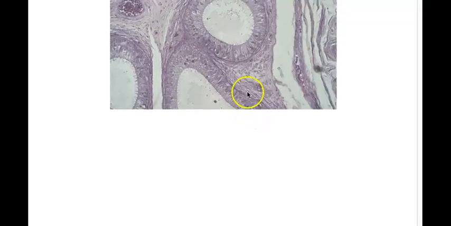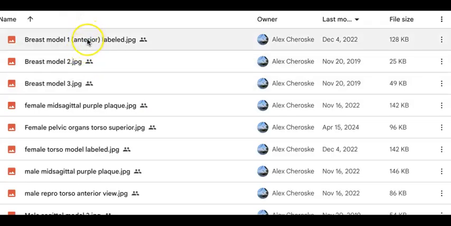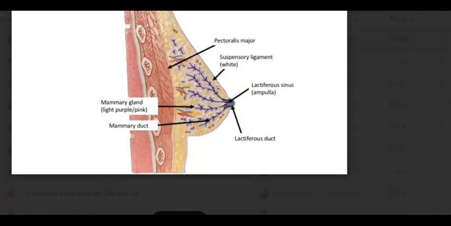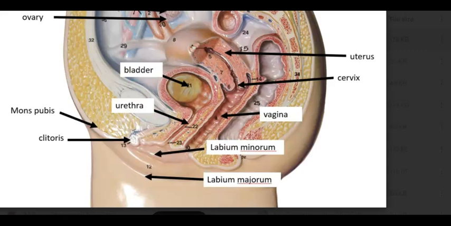All right, let's take a quick look at the links to the model portion of the anatomy. Again, the first link will take us to a Google Drive that has a bunch of labeled images of different models. So you can take a look through those.